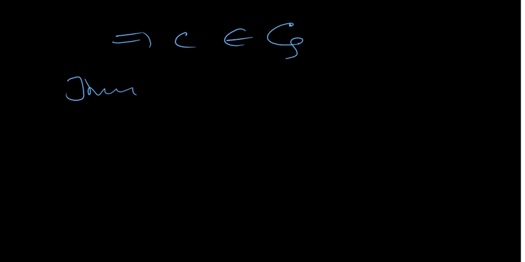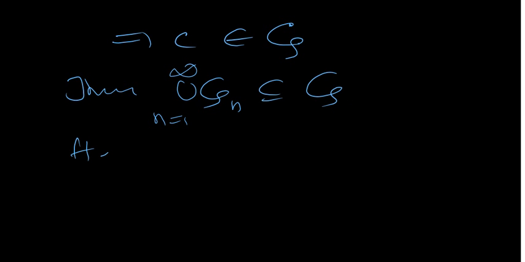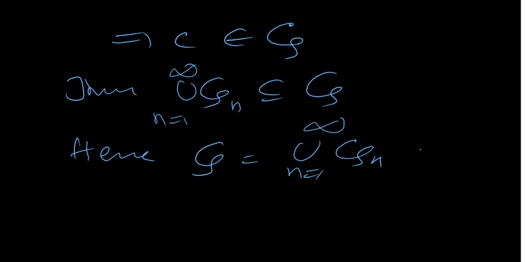So thus this union, because each Cn is a subset of C, we don't need to prove it here. This is a subset of C, and hence the union of Cn, n running from 1 to infinity.